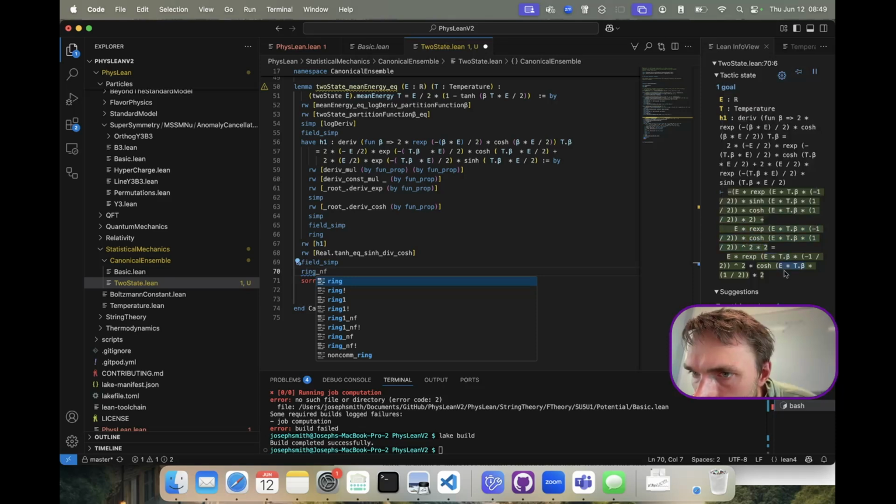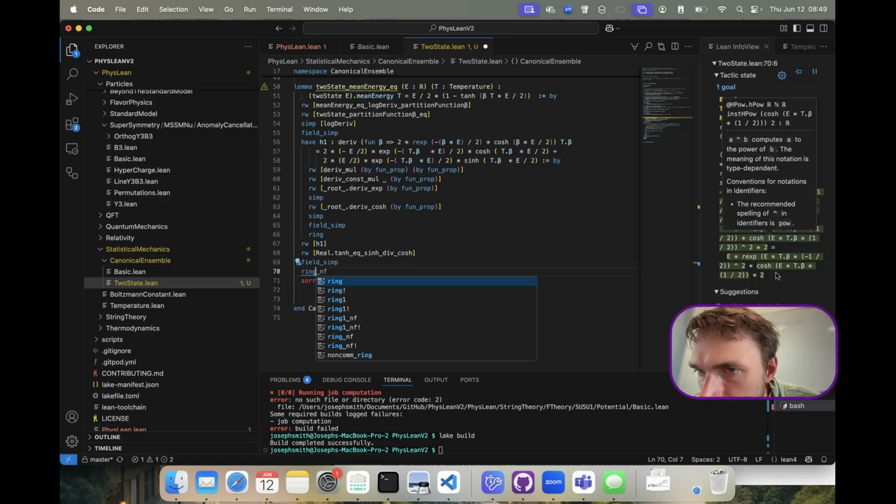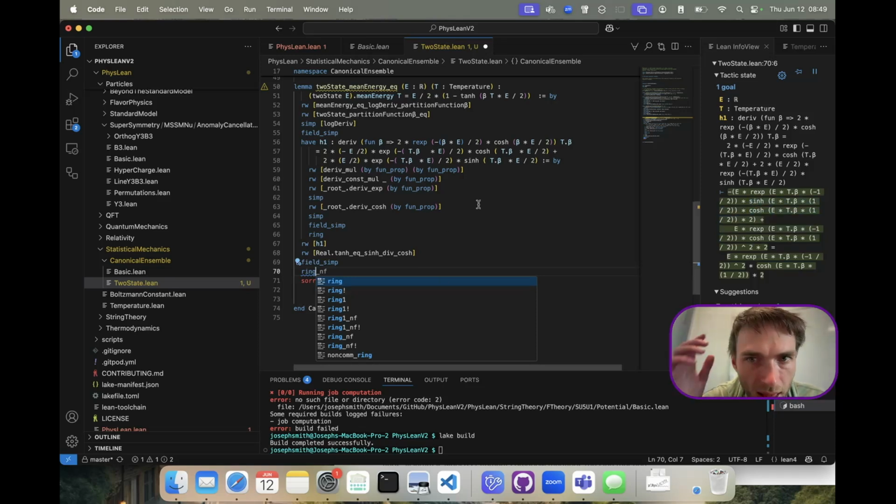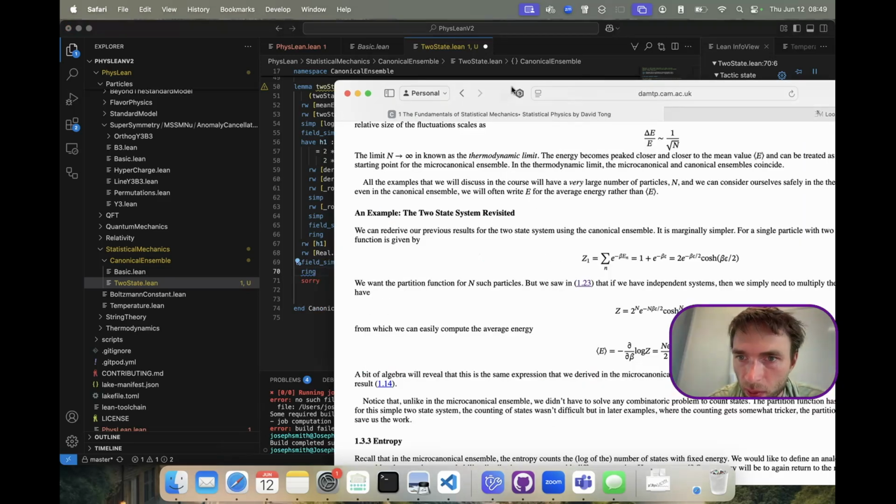So on the left-hand side, we have this cosh squared, this cosh times sinh, and let me go back to the notes with the result that we're trying to prove.